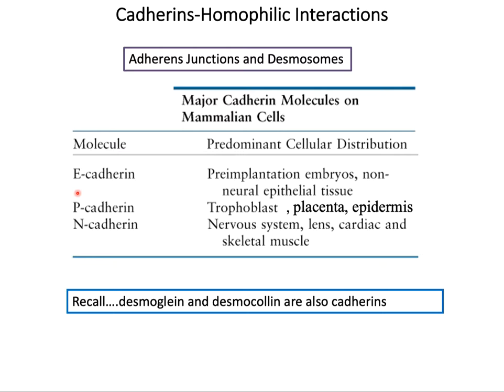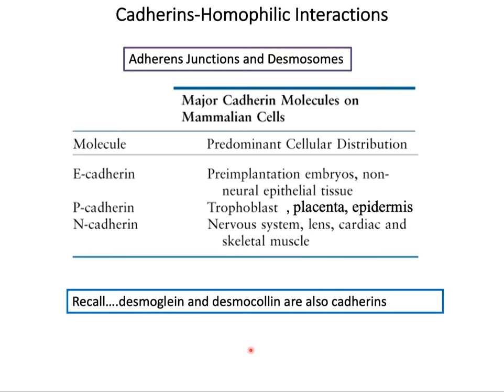Then there is P-cadherin, or placental cadherin, that also plays an important role during development, and you find a high abundance of this transmembrane linker protein in placental epithelial cells and also in the skin epithelial layers of the epidermis. And then there is N-cadherin, or neural cadherin, which plays a role in junctional complexes in nerve cells, in lens cells of the eyes, in cardiac muscle, and skeletal muscle.